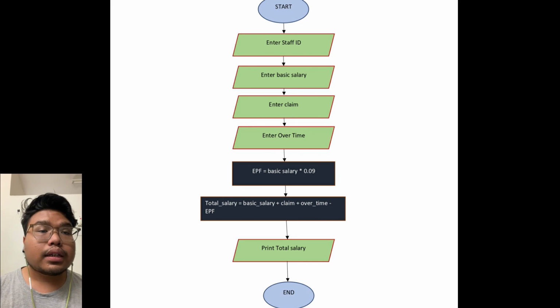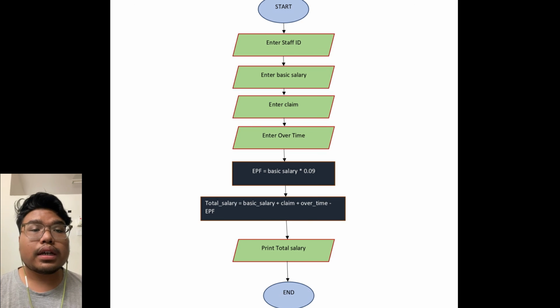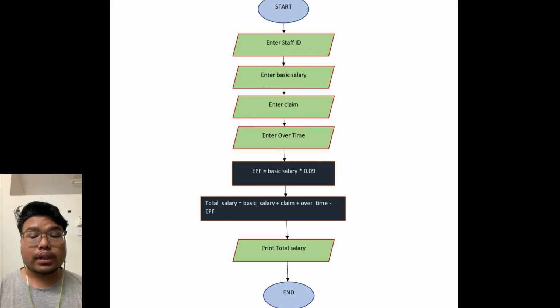Then total salary is basic salary plus claim plus overtime minus EPF. And then we print the total salary as output, and then we have the end symbol. We use the circle symbol for the start, and we also use the circle symbol for the end.